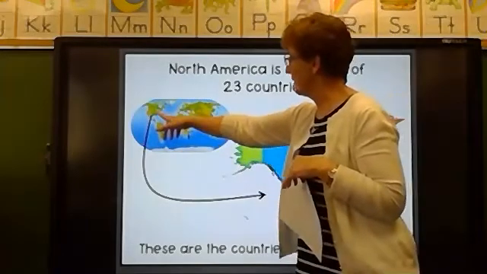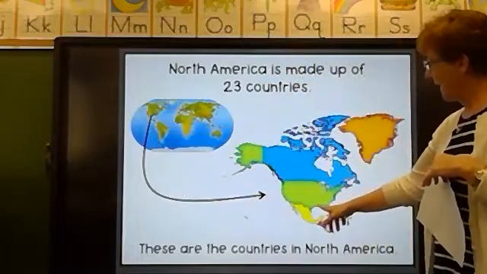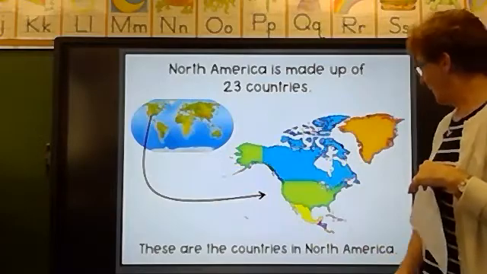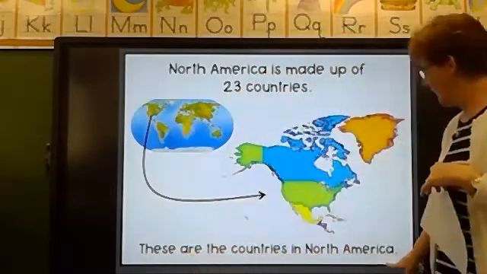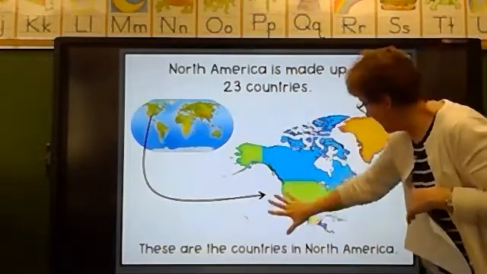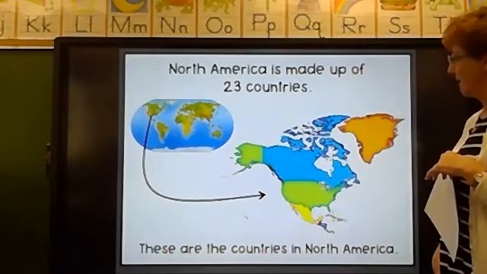Okay, so here's North America, and it's made up of 23 countries. These are the countries in North America, okay? So all of this are the countries in North America.